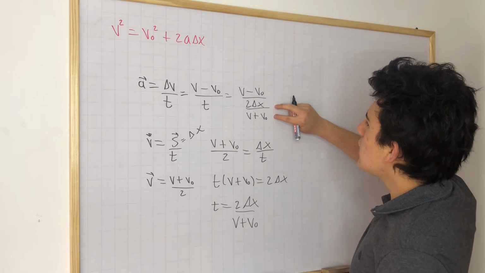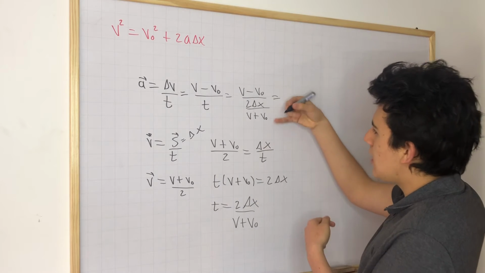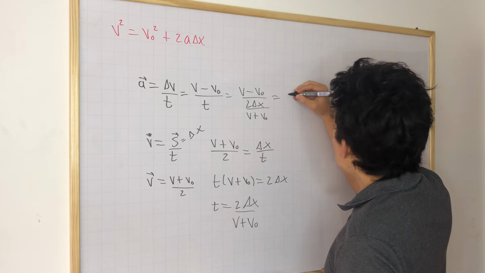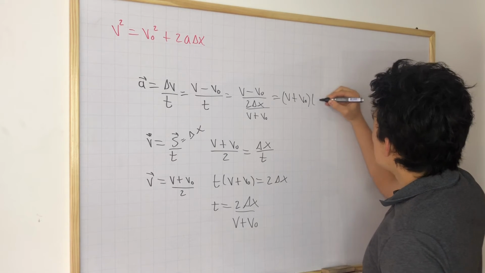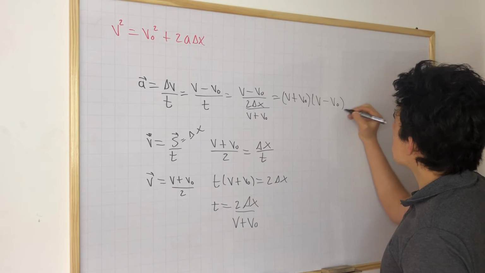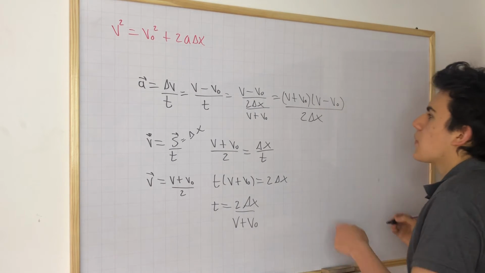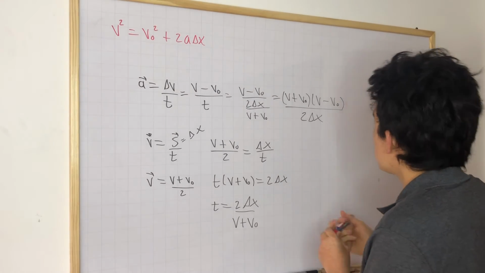Now this division we can simplify by multiplying by the inverse of the denominator. So we have v plus v naught times v minus v naught over 2 times change in x. Now you might see up there we've got a difference of squares.